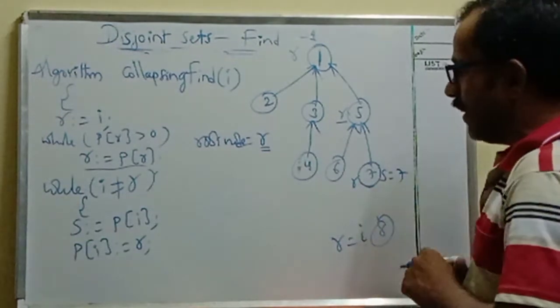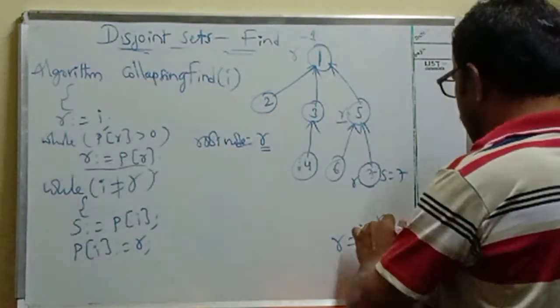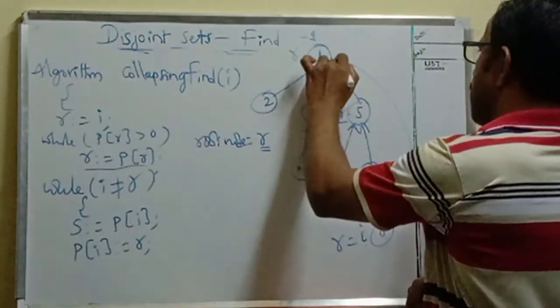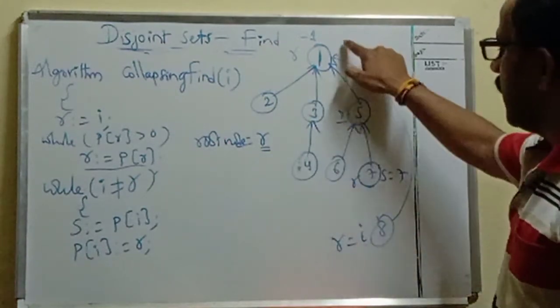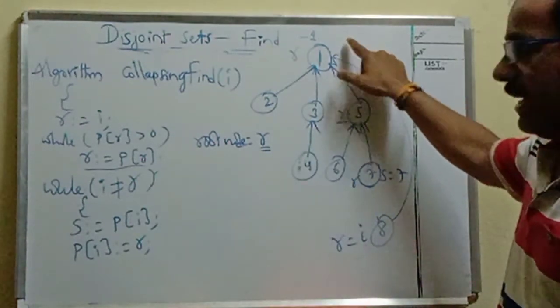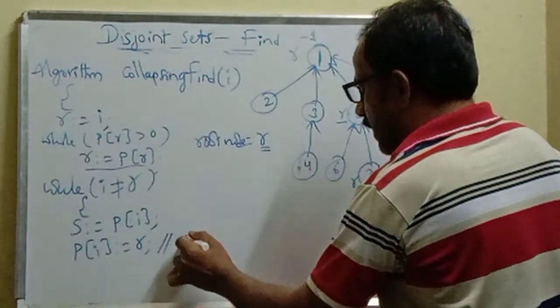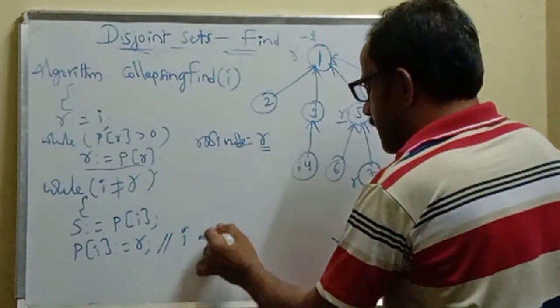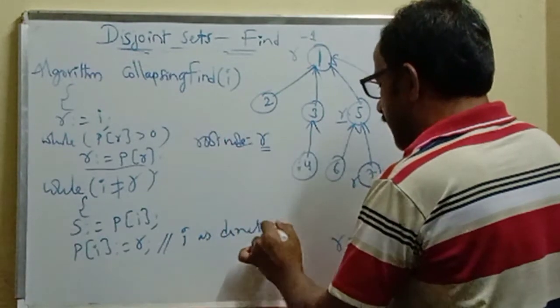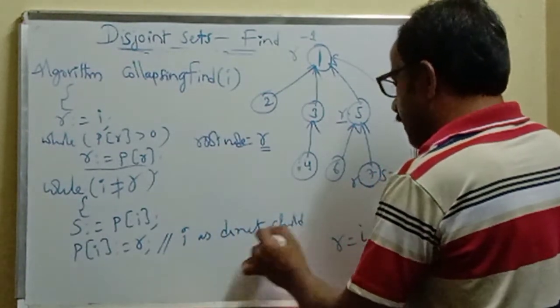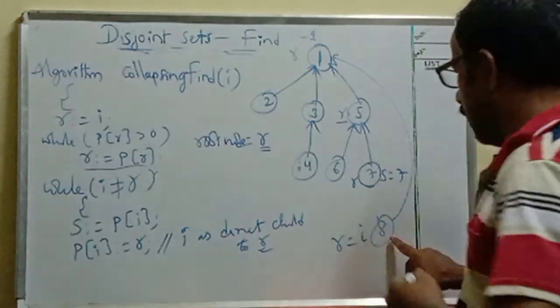What is P of I now? P of I is R. Immediately we are making a direct link between I and R. So just by using this statement, we can make I a direct or immediate child of the root node R.